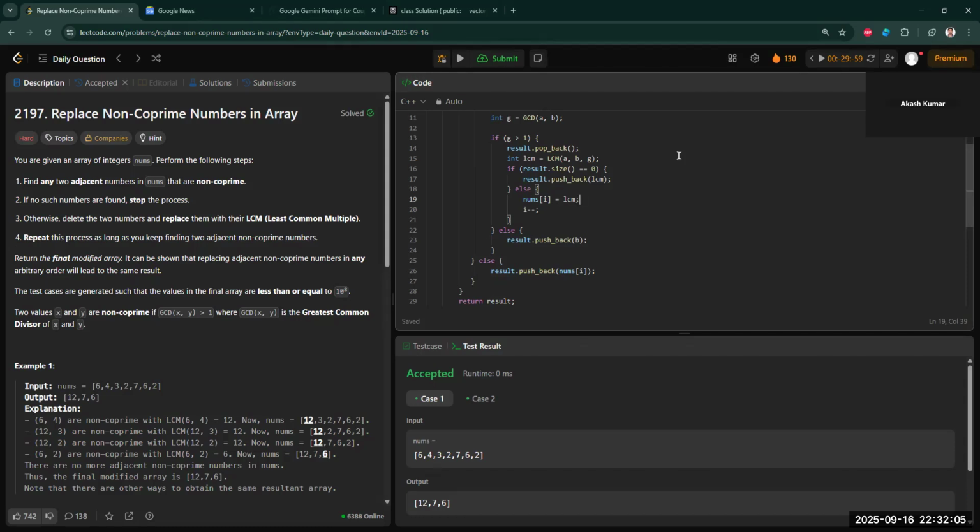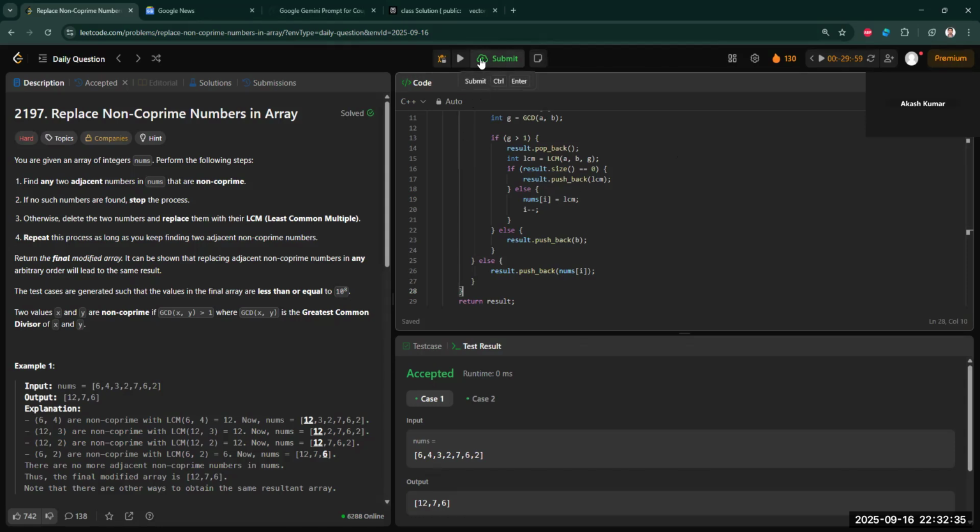In this way, we will not skip any pair that is created after replacing the current two elements with their LCM. When all the elements are explored, the elements in the result array will be the final answer for this problem.